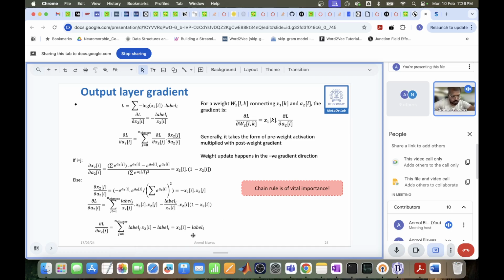The useful thing about this is that it makes this gradient computation extremely simple, right?